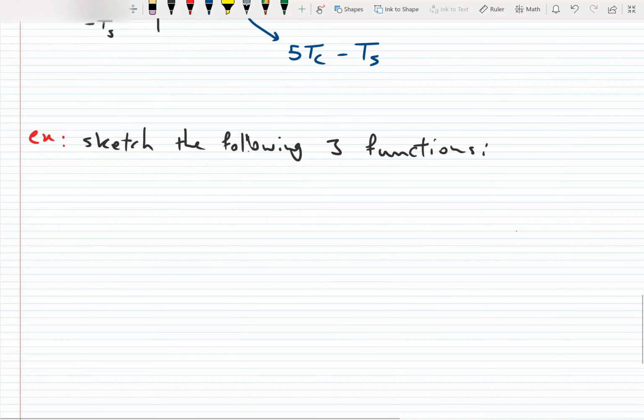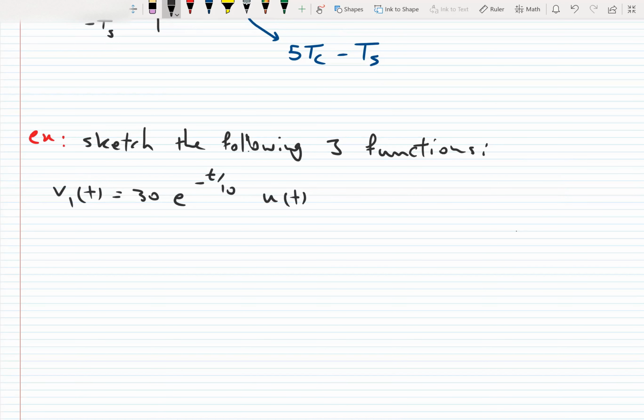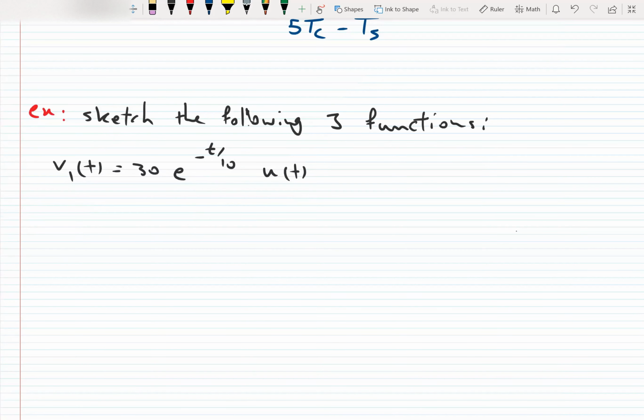The first function is v1 of t is equal to 30 e to the negative t over 10 u of t. TC is equal to 10, so this big TC is equal to 10.